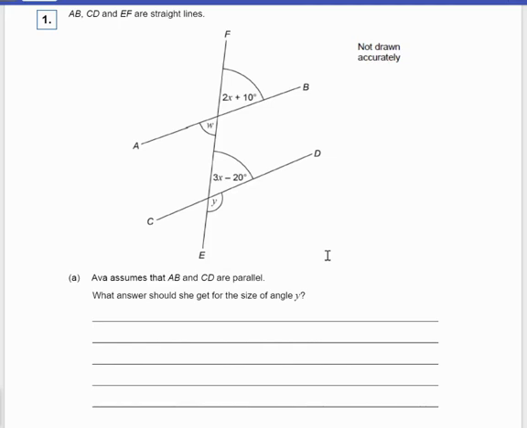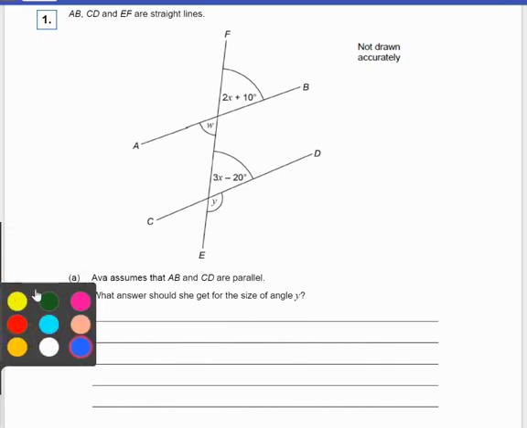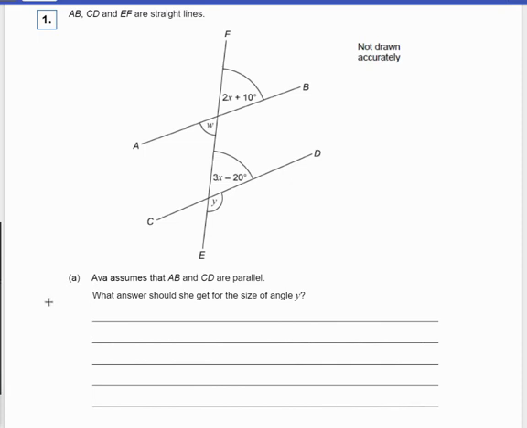Here we are going to be looking at some questions that involve angle rules and algebra. This is something that we can all get on board with, but it's just a good opportunity for you to practice two things at once, because in GCSE Maths, they love and love and love to ask questions that mix topics together.